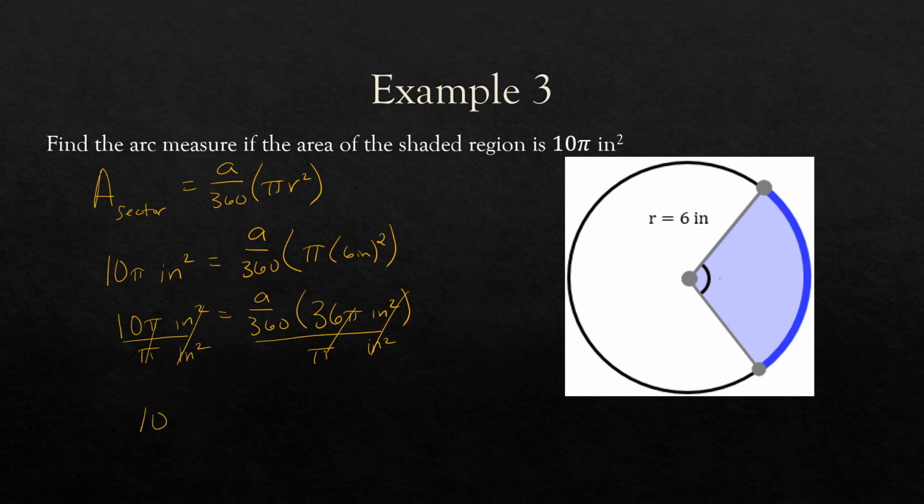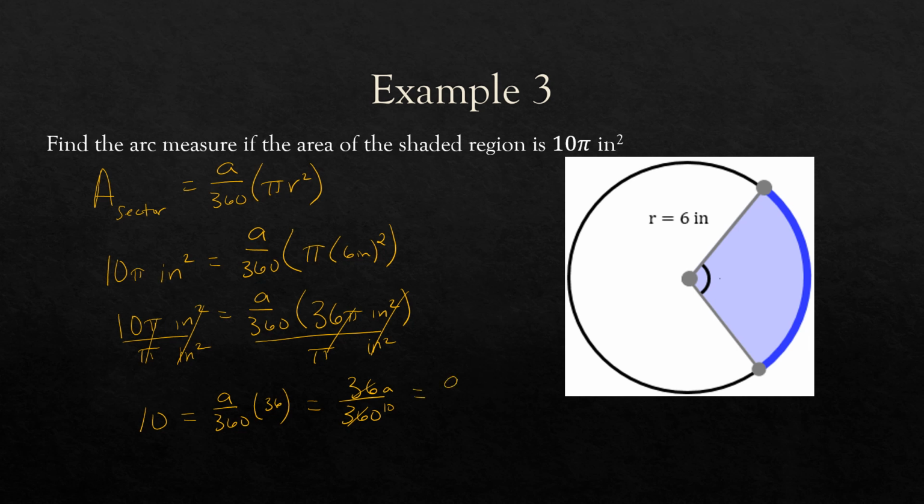Now I have that 10 is equal to A over 360 times 36. If I multiply 36 times A, I can reduce this fraction a little bit. So 36A over 360, I reduce that fraction to A over 10. It's going to leave me with a factor of 10 at the bottom.